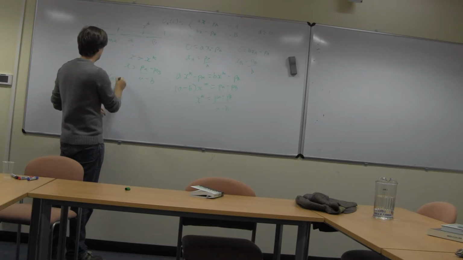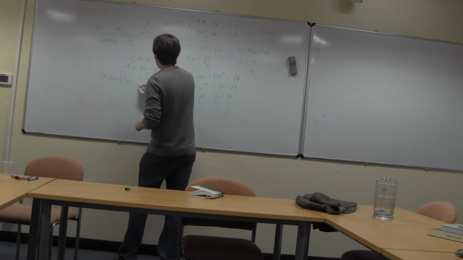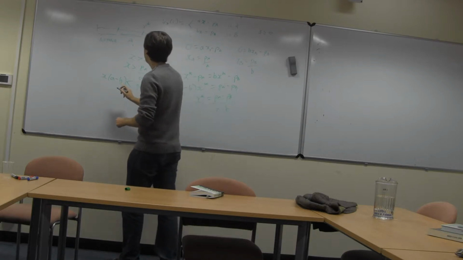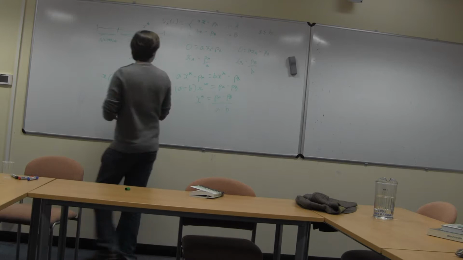So X times A minus B is less than PA minus PB, and then we can rearrange to get back to what we started with.